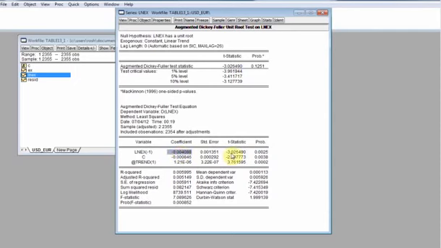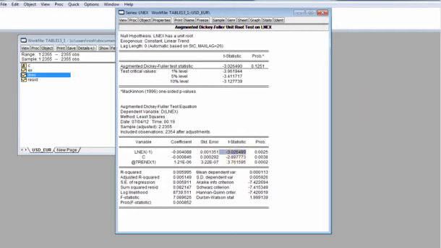In other words, it doesn't follow the t distribution. The t-stats of these coefficients should be compared not against the t distribution itself, but against the critical values tabulated by Dickey and Fuller.